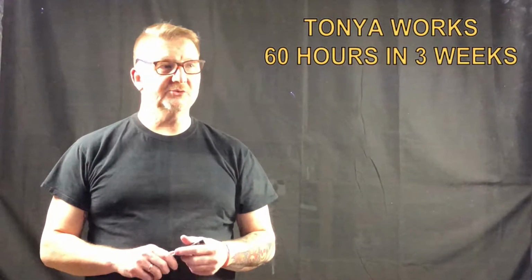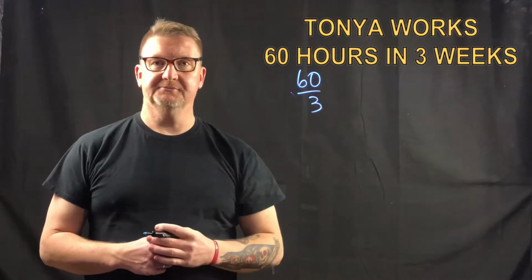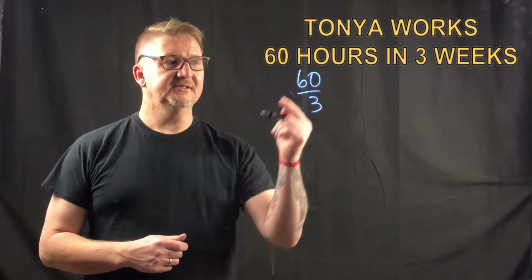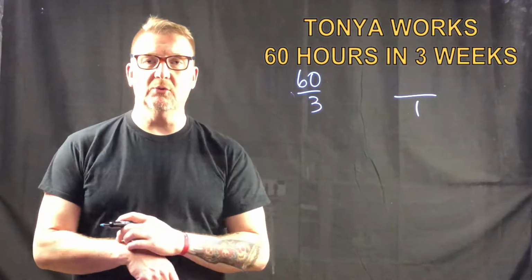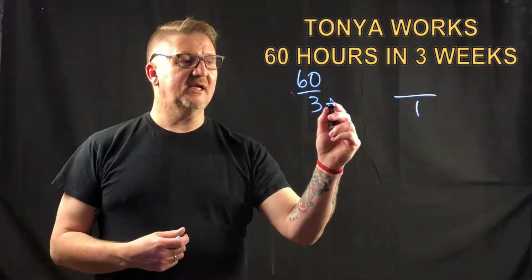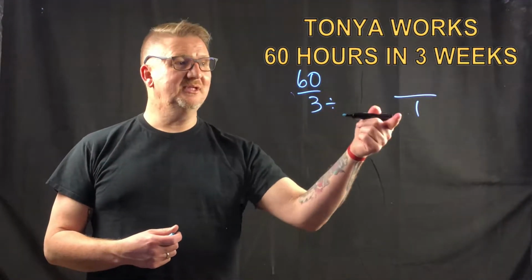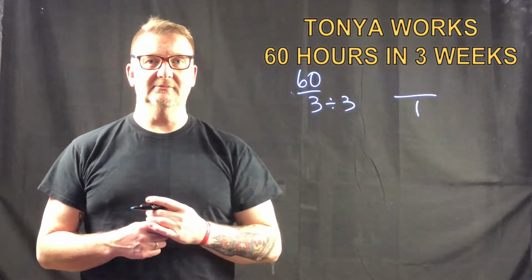In our final example, we talked about Tanya and that she was working 60 hours every 3 weeks. Okay? 60 hours every 3 weeks. What I want to know about Tanya is how many hours does she work in 1 week? All right, so what I have to do is divide this 3 by a number to get me to 1. Probably already figured out that I have to divide by 3.